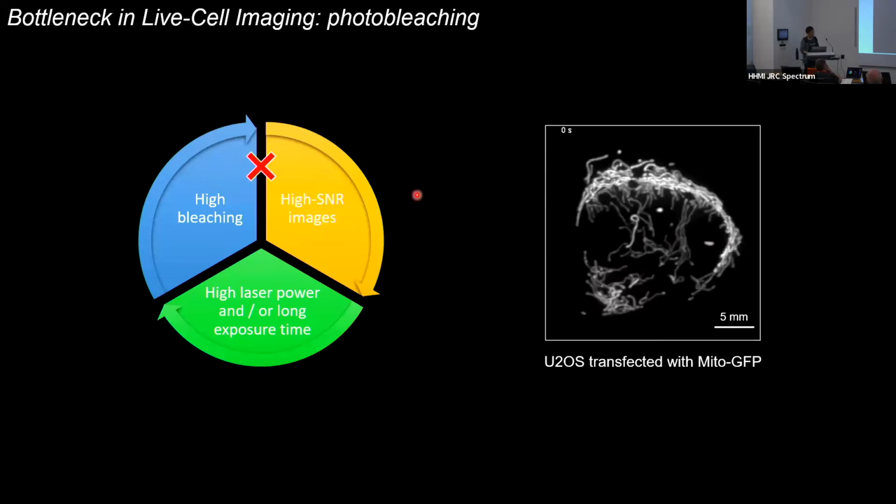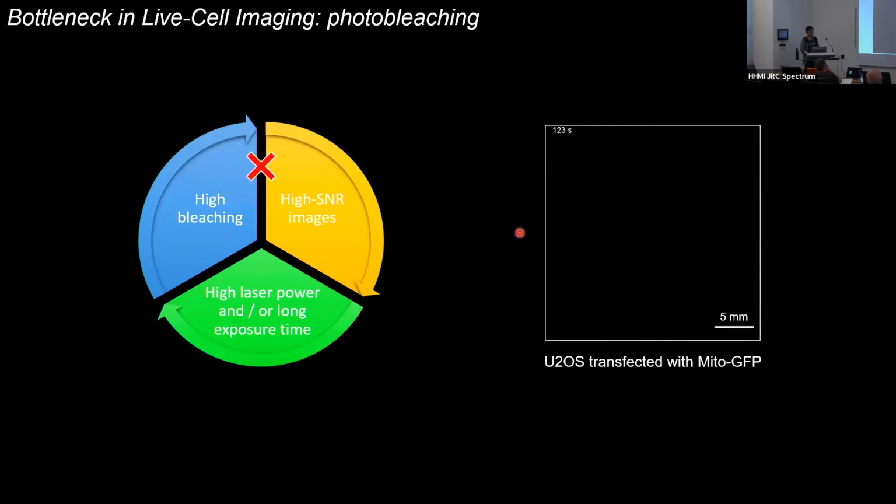As one video shown here, this is a cell transfected with mito tracker, mito GFP here, which is not acquired by 3D SIM or 4-beam SIM, but acquired by a conventional instant SIM technology also developed in Harris's lab. So one layer is only exposed one time. Even so, you will get rapidly bleached images with time.